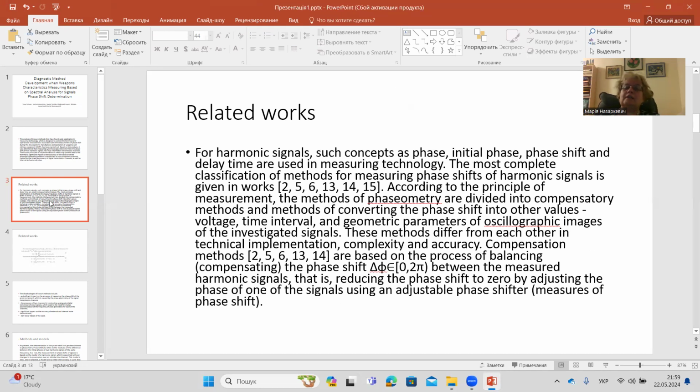For harmonic signals, such concepts as phase, initial phase shift, and delay time are used as measuring technology.